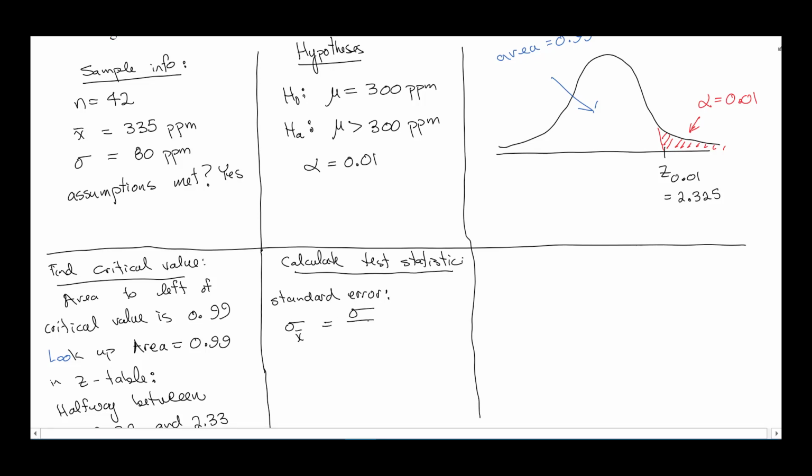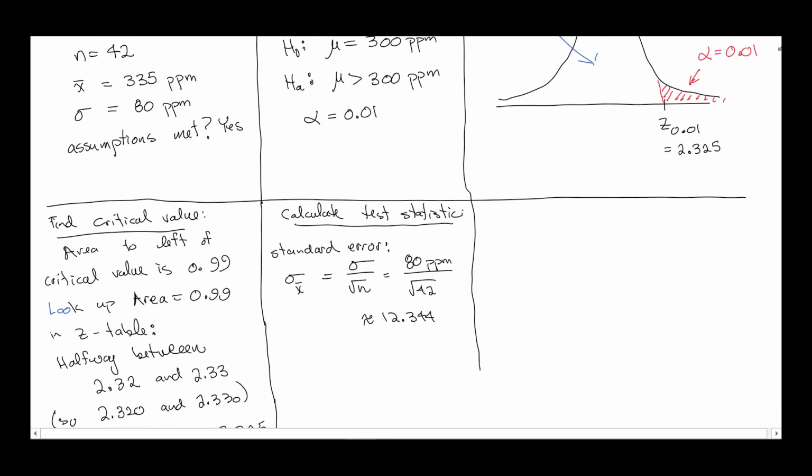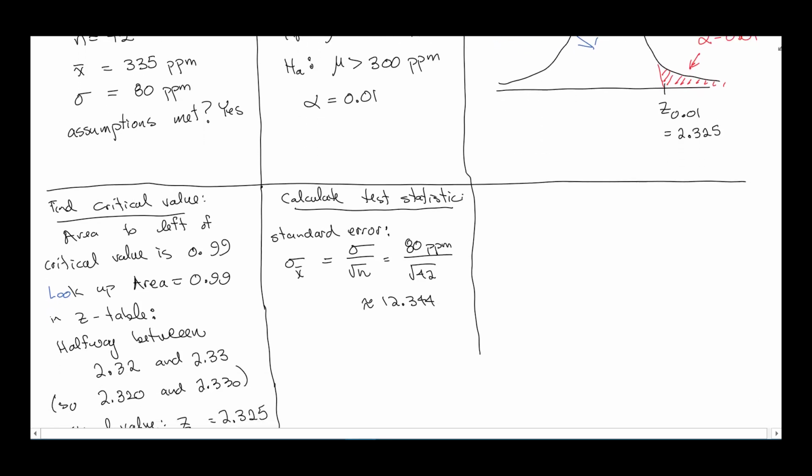It's going to be sigma over the square root of n. So that gives me 80 ppm divided by the square root of 42, right? And so it turns out this is approximately 12.344 using your calculator.